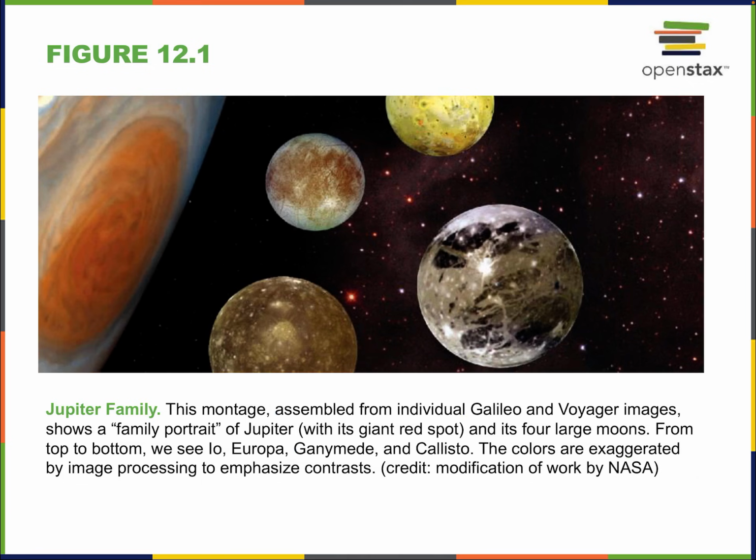Now, what's interesting is they also were used as an argument by Galileo historically to say that the Earth was not the center of the solar system because it showed that other planets had their own moons, thus contradicting the theory that everything must orbit Earth.